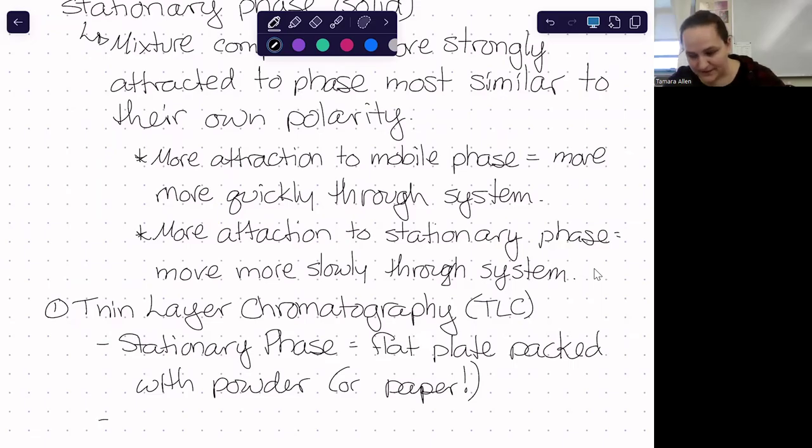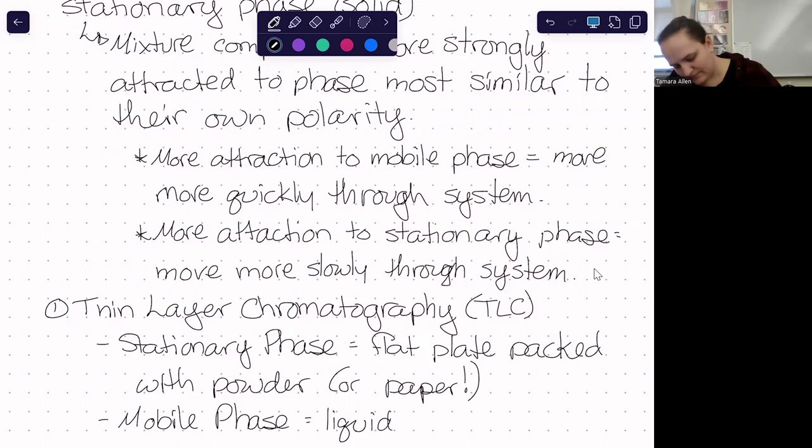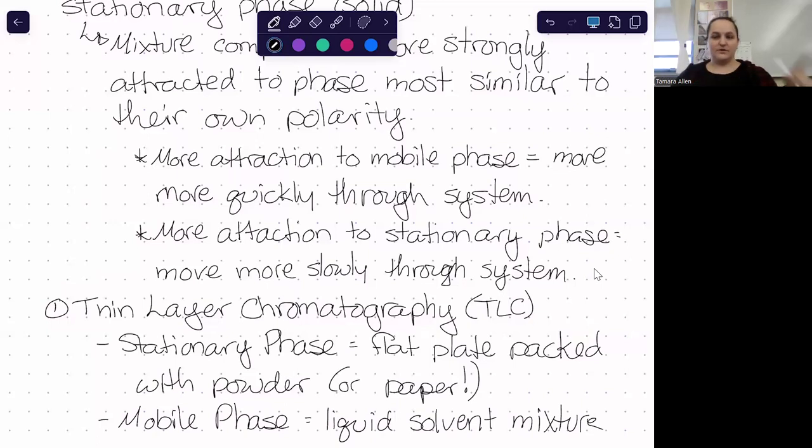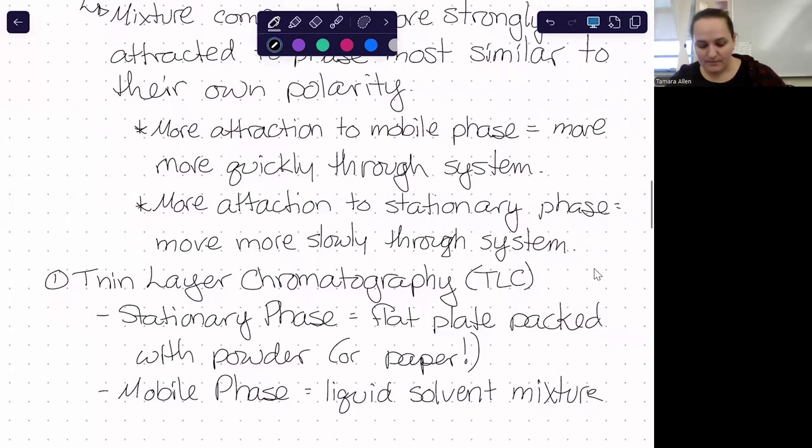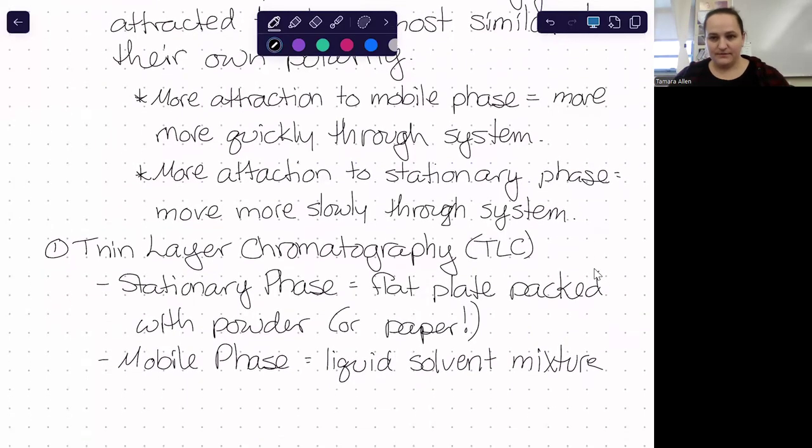Our mobile phase is just some kind of liquid. It is often a mixture of multiple different liquids, which is not super important, but true. And we let that mobile phase travel up by capillary action.